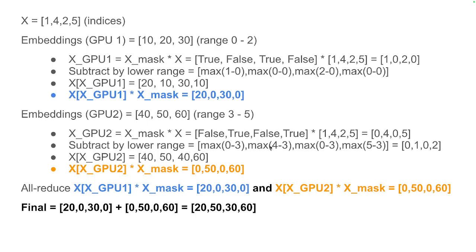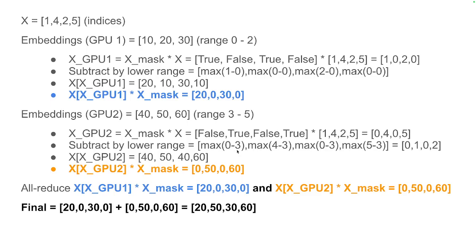Now you need to subtract the lower range, because whatever indices we use on this GPU are not relative to the full table; you have a smaller version of the embedding matrix, so you cannot keep the original indices. You need to adjust, since your range actually starts from 3.